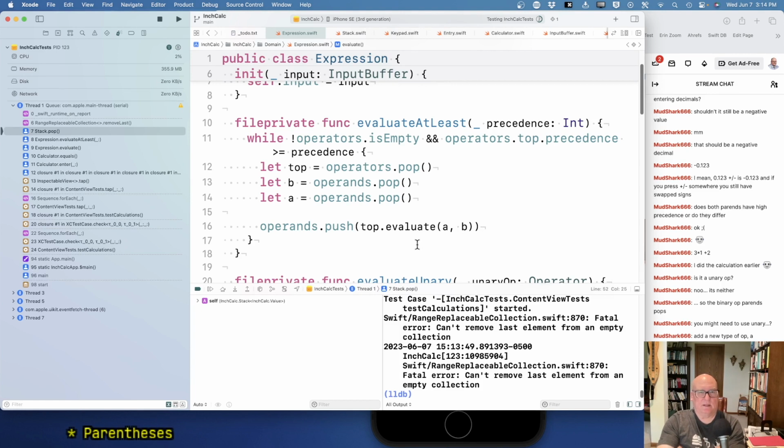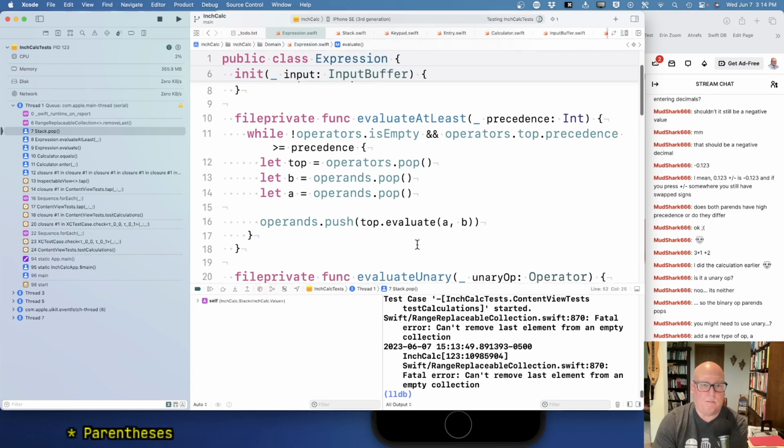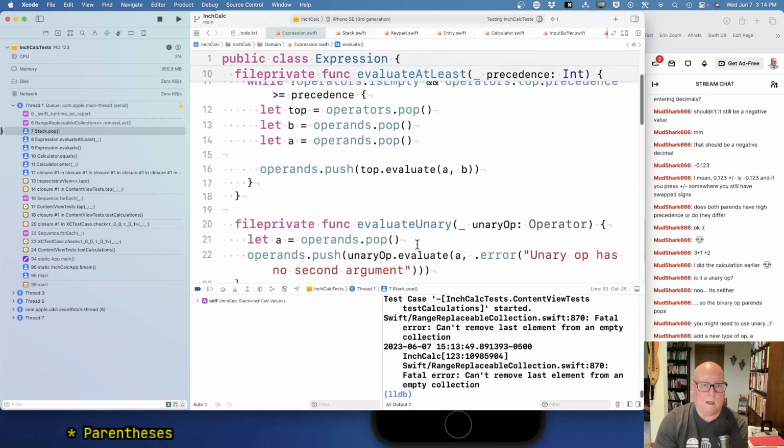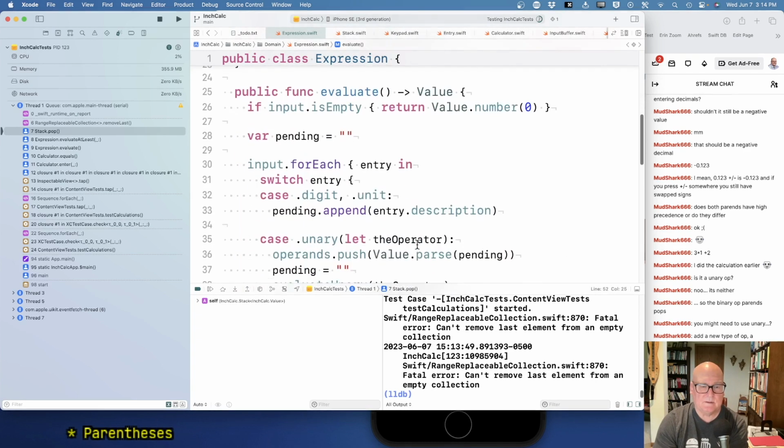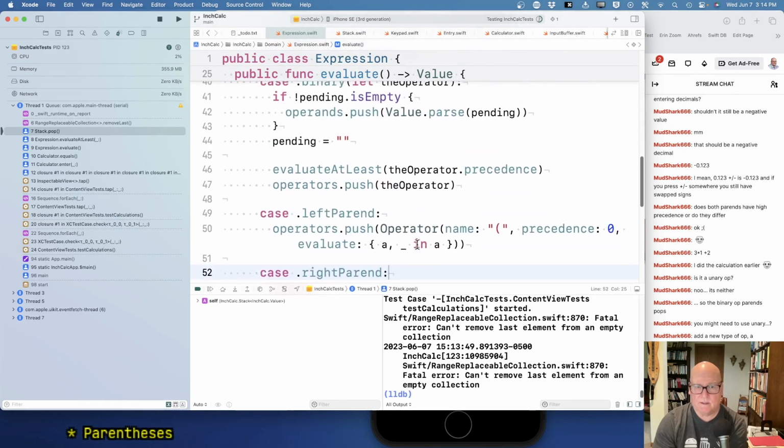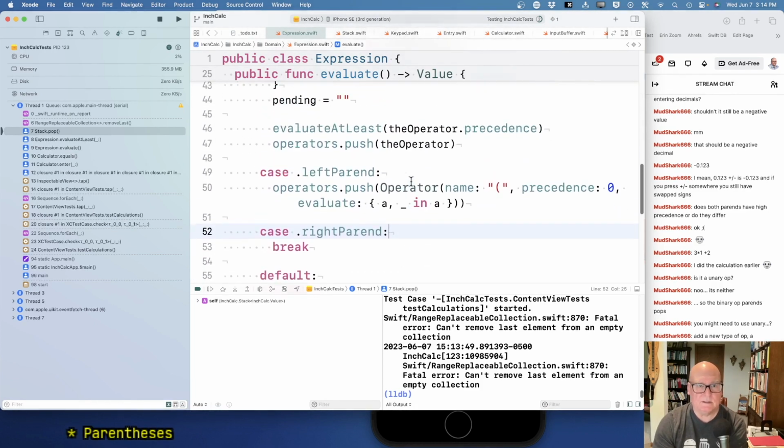If I say evaluate at least 0, is that going to do it? So you push that thing and you get your plus on there. Then you get your right paren. We want to evaluate the plus and pop this. Okay, so I think we want to evaluate at least 1.